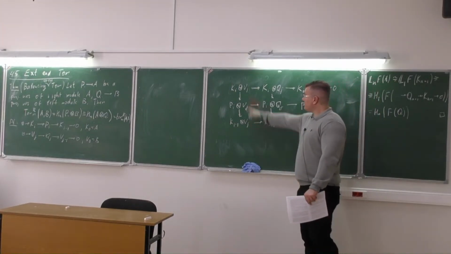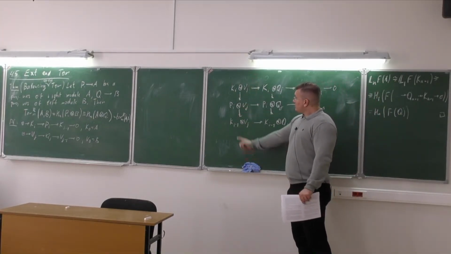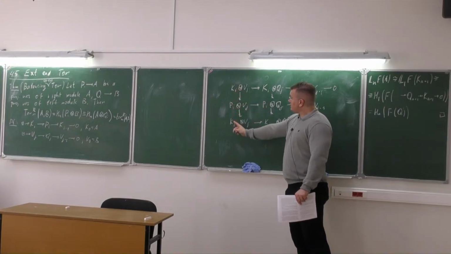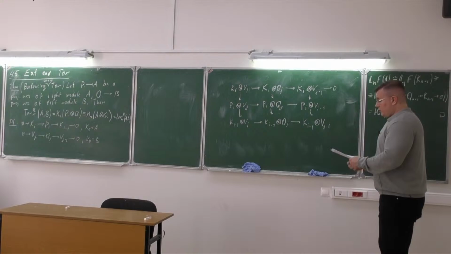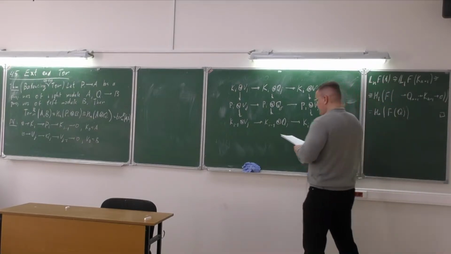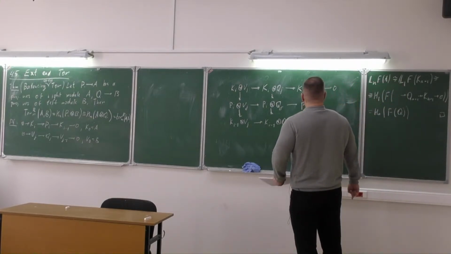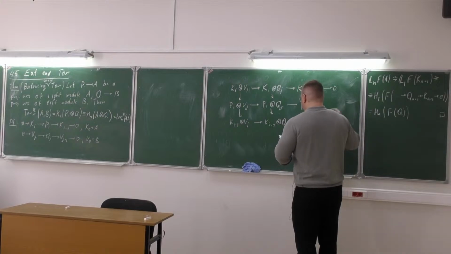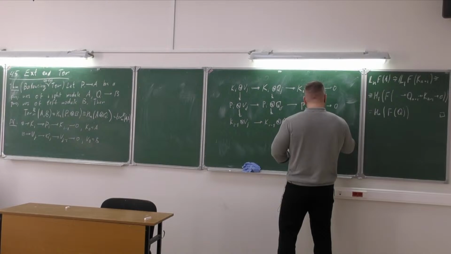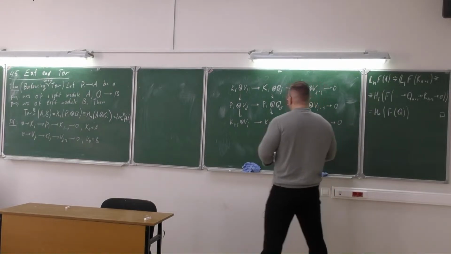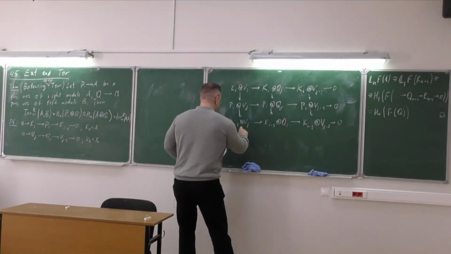So if you look at any of the columns, for example, this will be the first short exact sequence tensor product with the V_j, and the same is here. So of course, since the tensor product is right exact, we have zeros on the right, and by the same logic we have zeros on the bottom.